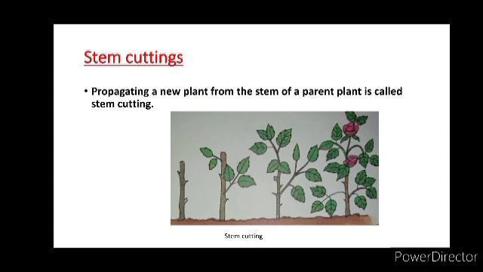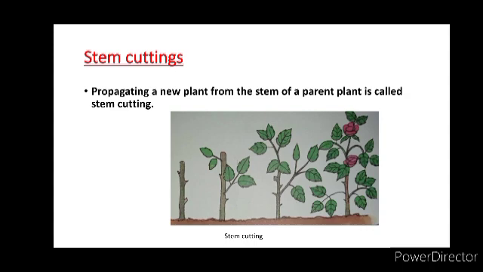Soon this stem develops roots on the lower side and branches on the upper side and grows into a big plant. Propagating a new plant from the stem of a parent plant is called stem cutting.